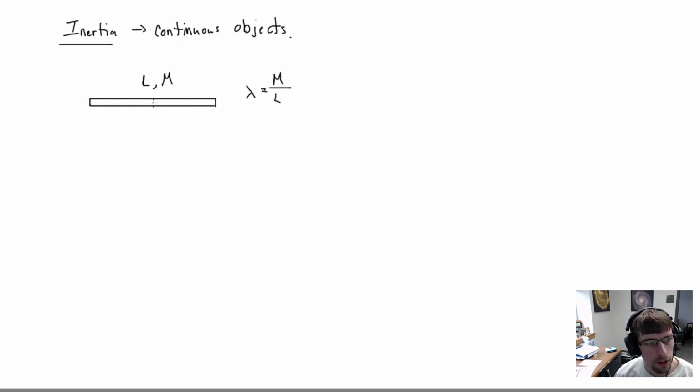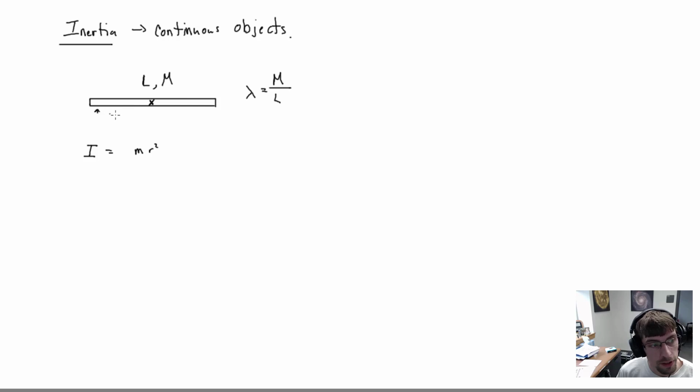So let's calculate the moment of inertia about the center point, right there, dead center. And the question is, how do we go about actually setting up this equation and solving it? Well, you know the basic idea. I still need to take each of these individual masses, and for each individual mass, I will calculate the quantity m r squared.